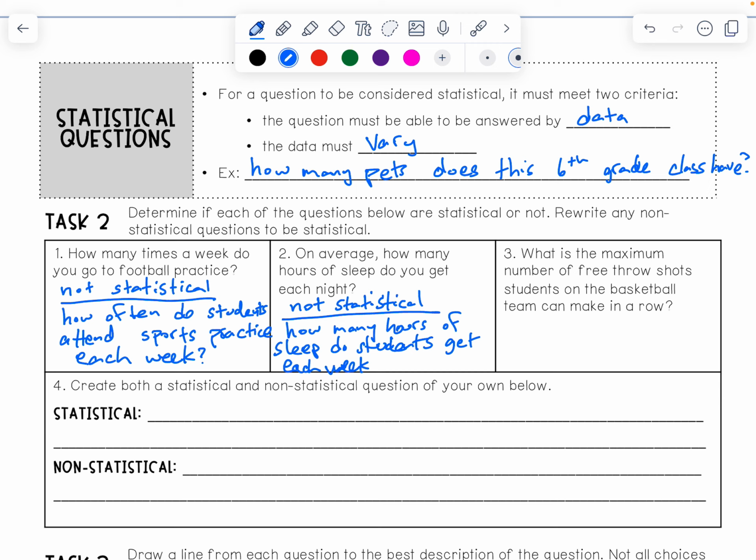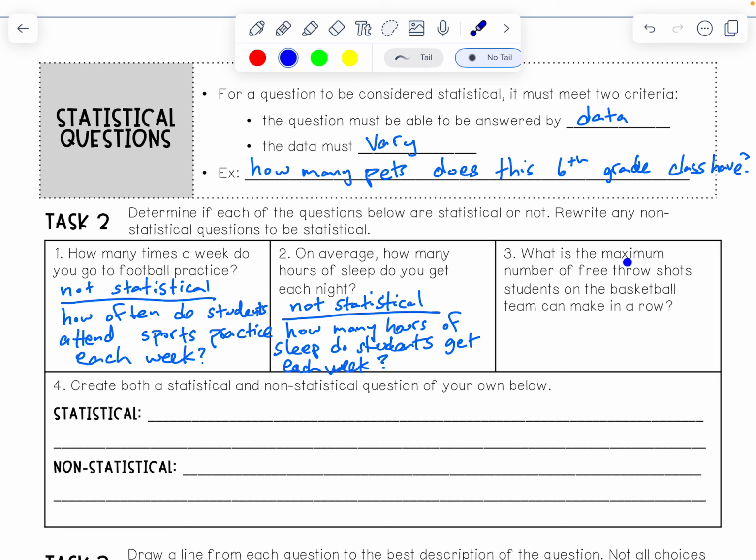And this is, again, on average. So that way, you'll have more people answering the question, so you'll have different answers, which means the data will be able to vary this time.